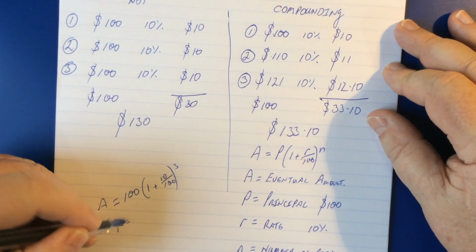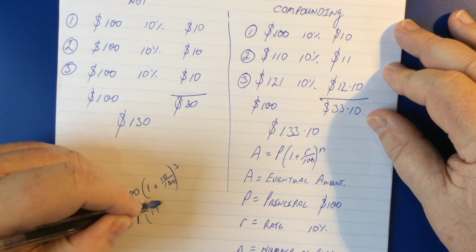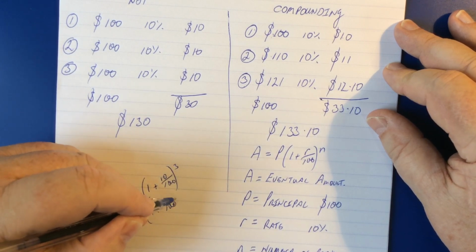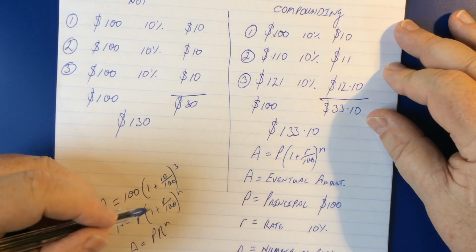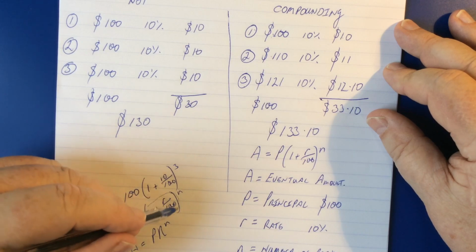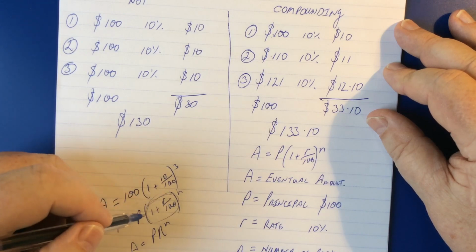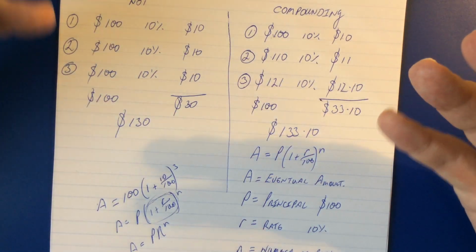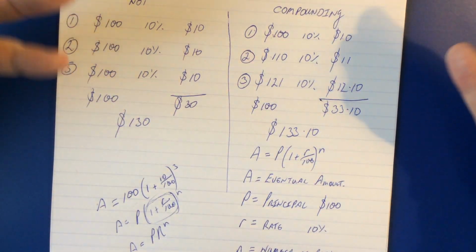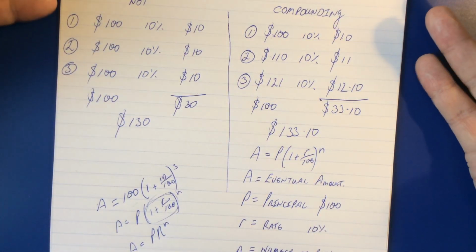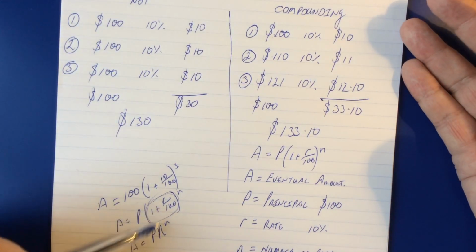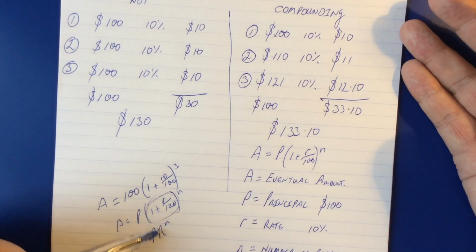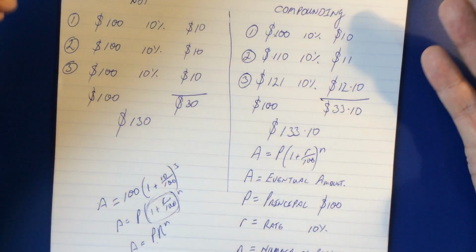So this was A equals P into 1 plus R over 100 to the power of n. The shortened version is A is equal to P capital R to the n. Now capital R is just this thing in the bracket here. Now when I am doing this with examples in the playlist, I will go back and explain these two forms of the formula.